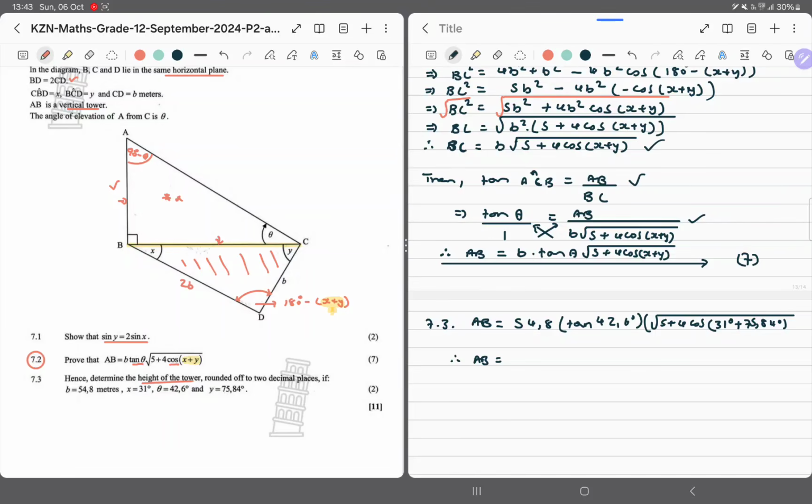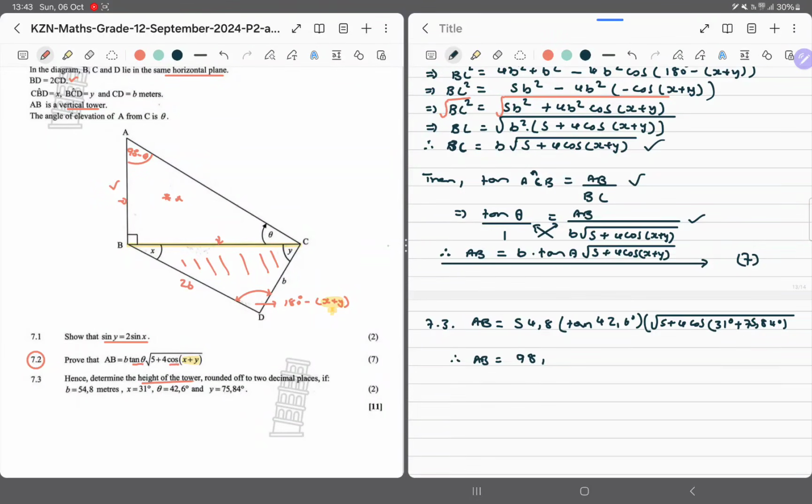We write them as they show up. 31 plus 75,84. Then we close that bracket and we close it again. And we go outside and close the big one. So if you don't do that, this is 98.